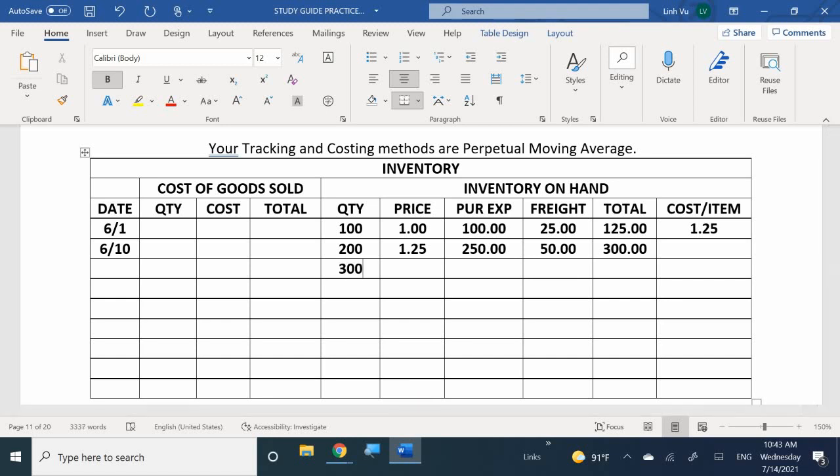You have 300. What's 125 plus 300? 425. Now we need to find our average cost per item, because I'm taking a total of $425 and dividing it by a total quantity of 300 to get my average cost per item. So what's my average cost per item here?